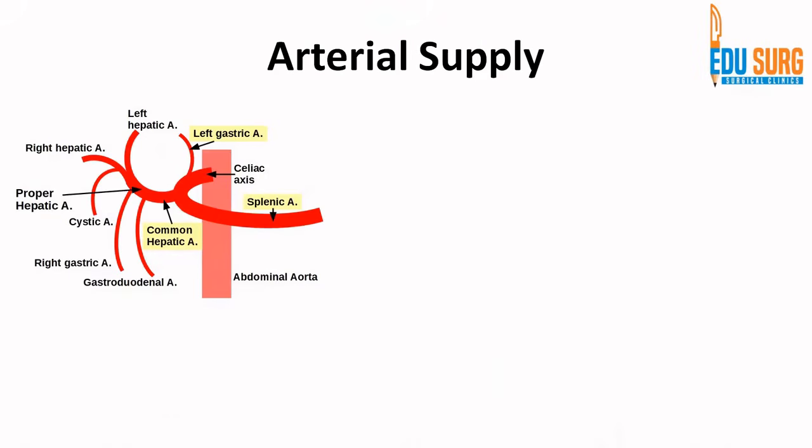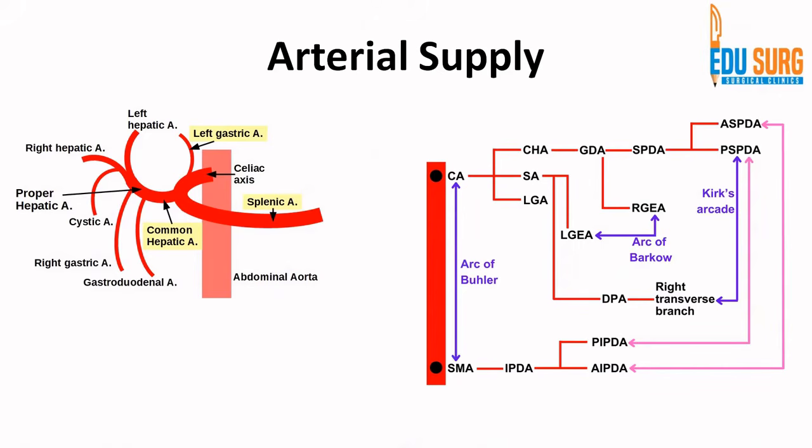So when it comes to the arterial supply of the duodenum, we have extensively reviewed the branches of the celiac axis, so I'm not going to go into detail of that. We have also discussed the blood supply of the pancreas in a lot of detail, where you have seen this schematic. The celiac axis and the superior mesenteric artery give the inferior pancreaticoduodenal artery, whereas the common hepatic artery gives the gastroduodenal artery, which gives the superior pancreaticoduodenal artery.